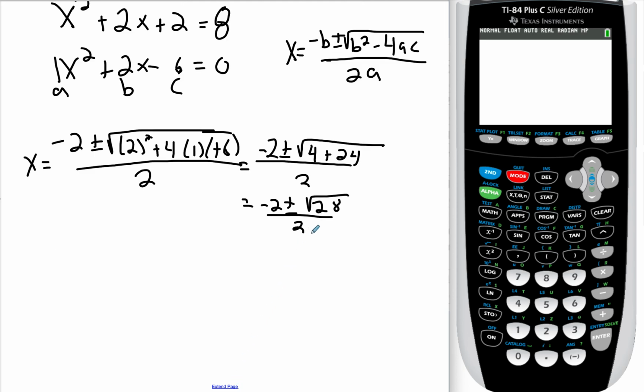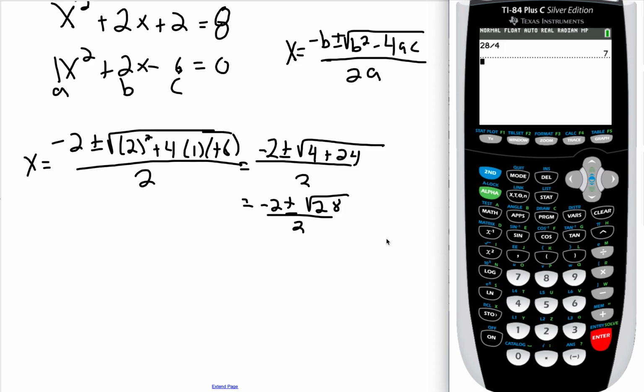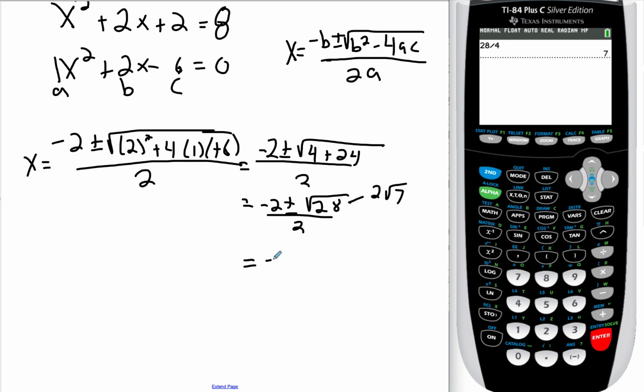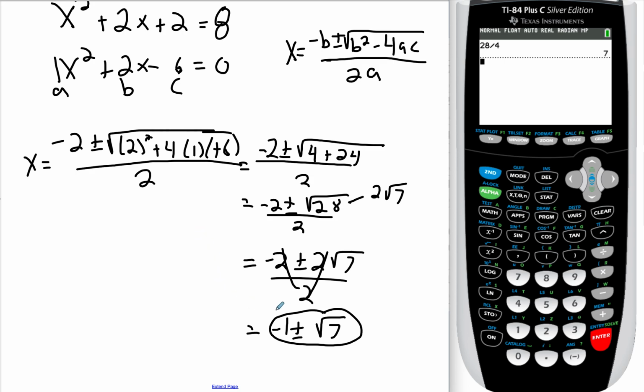We can simplify that because 28 divided by 4 is 7, so the square root of 28 is 2 root 7. So it's negative 2 plus or minus 2 root 7 over 2. I can do a little cancellation, and I get negative 1 plus or minus the square root of 7 is x.